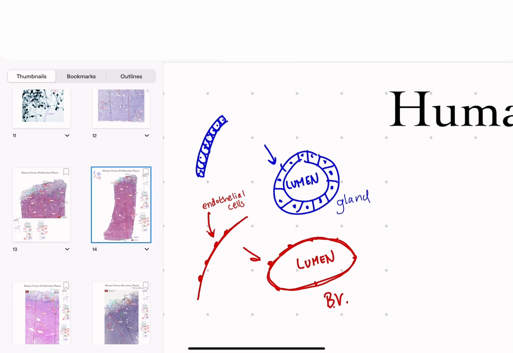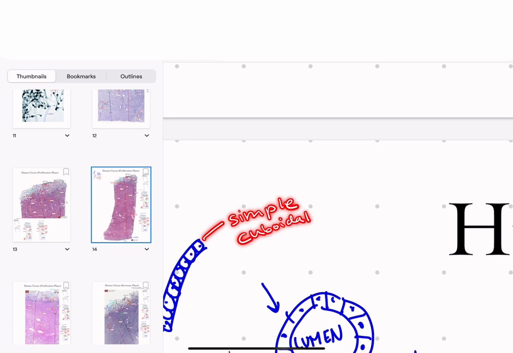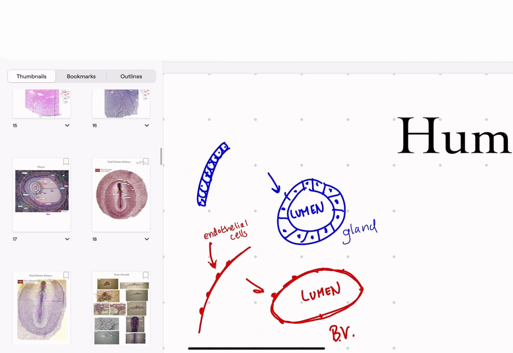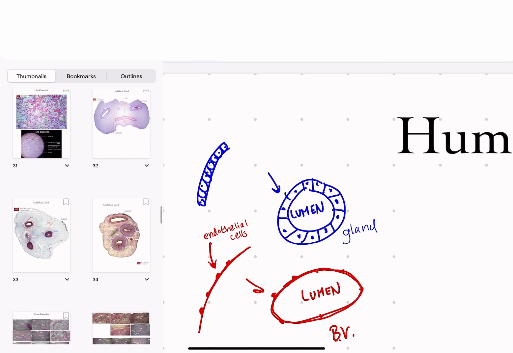The border of the blood vessel is thin, lined by all of these endothelial cells. The border of the gland is thick and dark, lined by all of these simple cuboidal epithelium. Right? So if we look back at the umbilical cord, here we go.